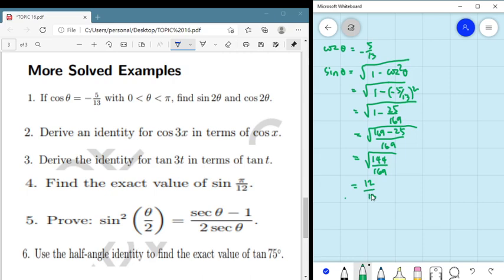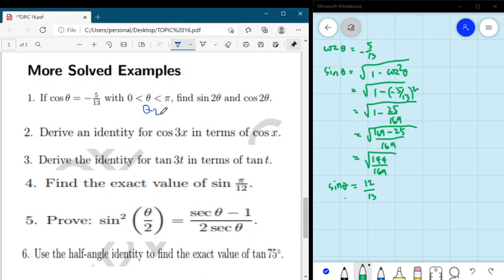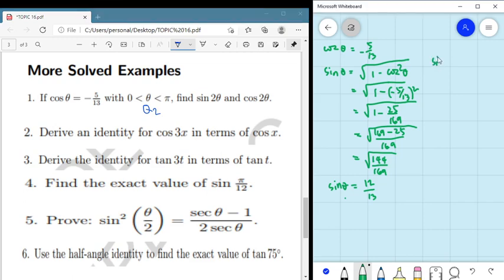Since our cosine is negative and theta is from 0 to pi, meaning sure na nasa quadrant 2, di na pwedeng quadrant 1. So that is why our sine is positive. Okay, to solve for sine of 2 theta, we use the identity 2 sine theta cosine theta.